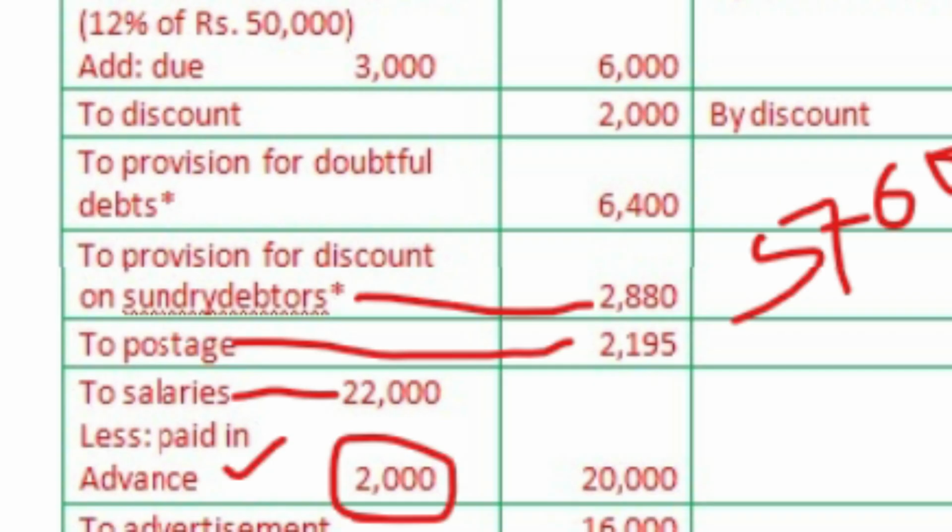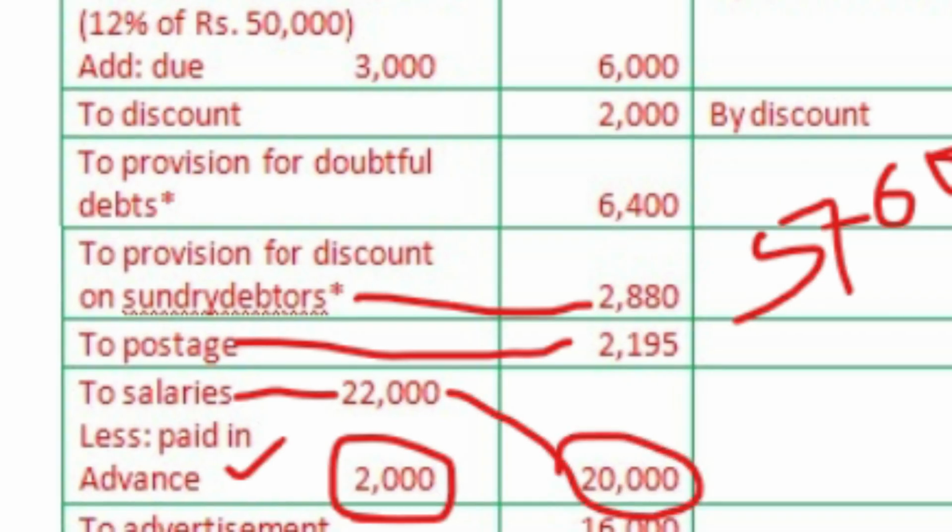So out of 22,000, 2,000 is paid in advance, so 2,000 is not an expense of this particular year 2022-23. This particular year's expense is only 20,000. So actual expenses, whether paid or payable, shall be taken into account. Actual income, whether received or receivable, shall be taken into account.